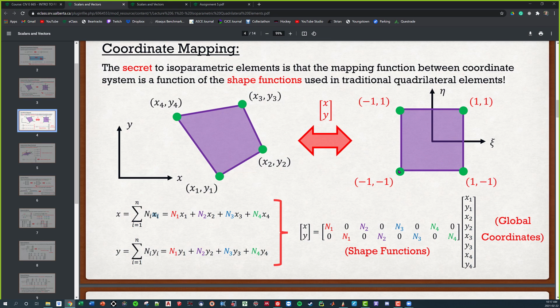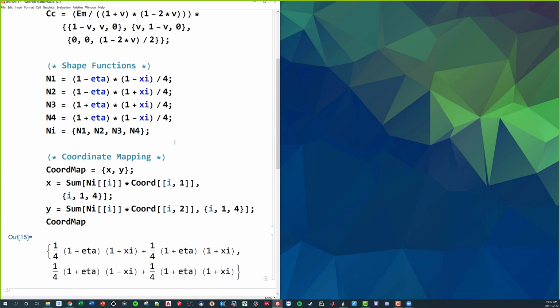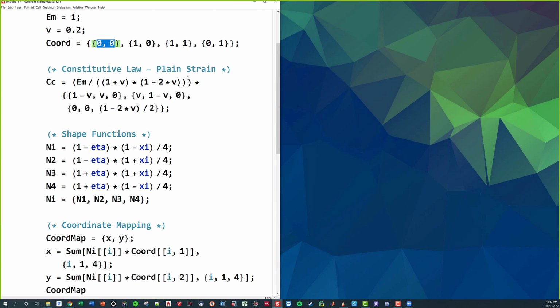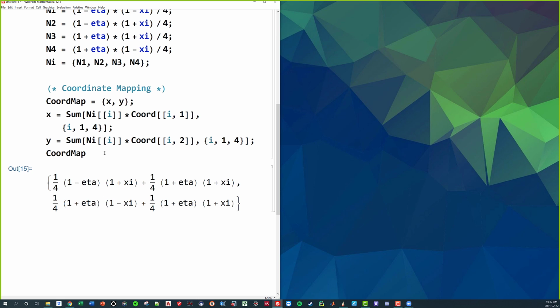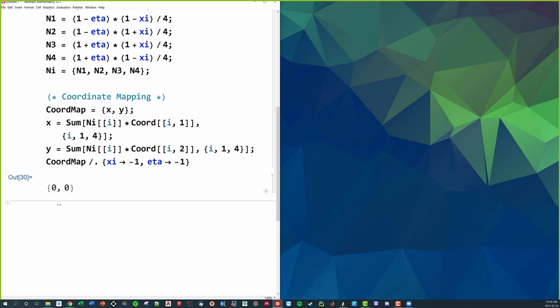And this coordinate maps to our first node over here, which is x1 comma y1. Now in Mathematica here, we defined that first node as 0 comma 0. So if I take my coordinate map and substitute z approaches -1 and eta approaches -1, and run it, I get my coordinate point 0, 0.